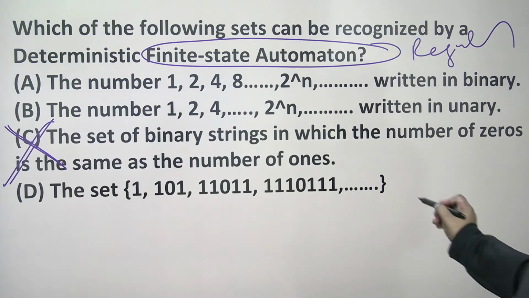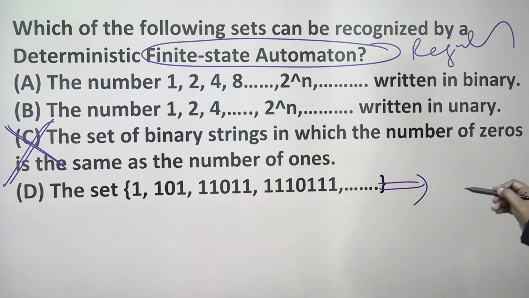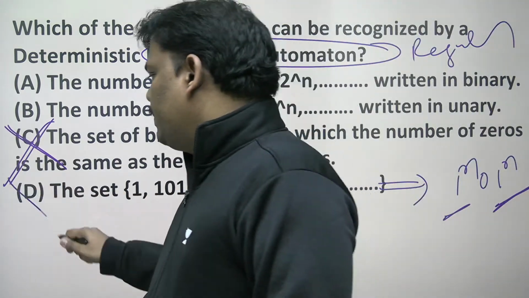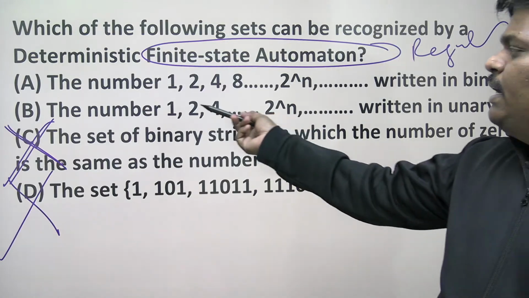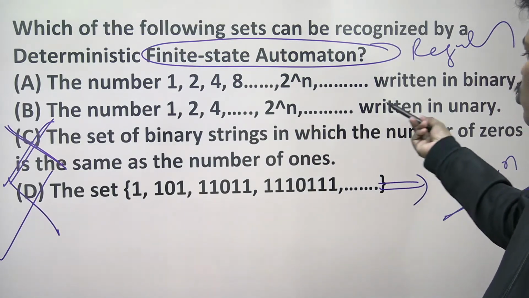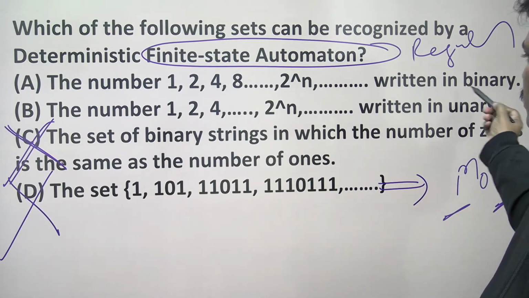It is something like 1 power n, 0, 1 power n. So this one needs a PDA. It cannot be.